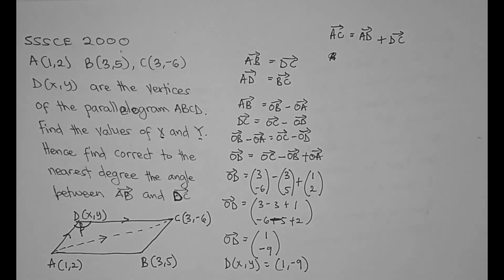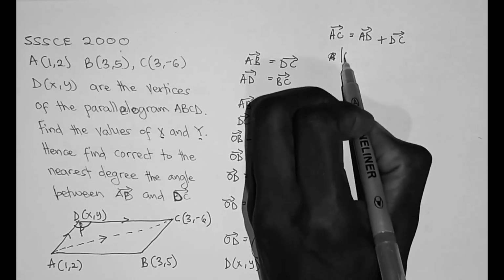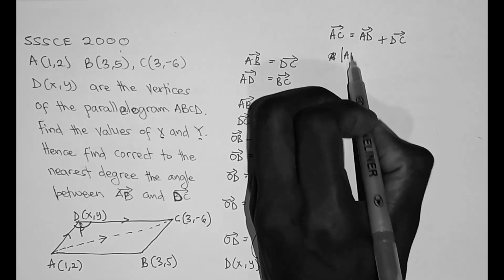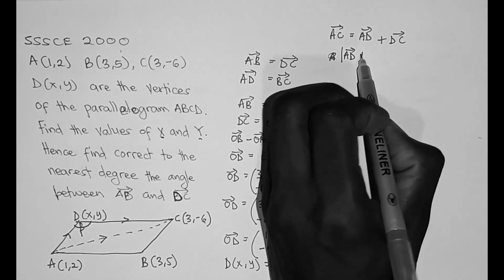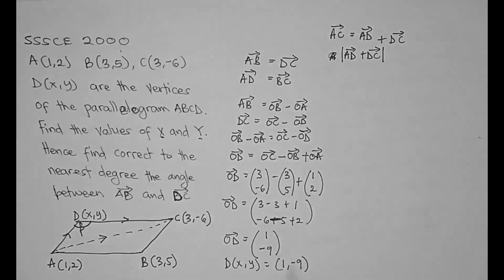That is AC. So to find AC is equal to AD plus DC. And therefore to find magnitude of AC, it is the same as magnitude of AD plus DC.